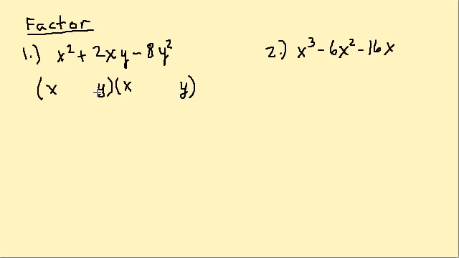Now I just need to figure out what numbers go in front of the y's. Well, to get negative 8, that's going to be negative 1 times 8 and negative 2 times 4. And I also have 1 times negative 8 and 2 times negative 4.